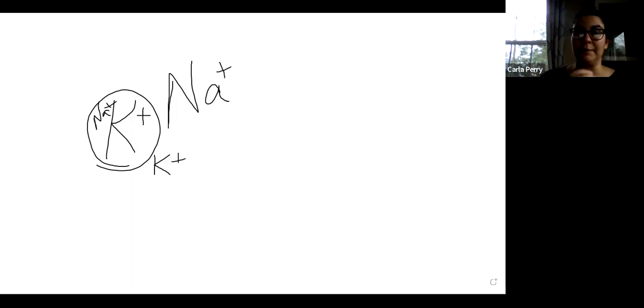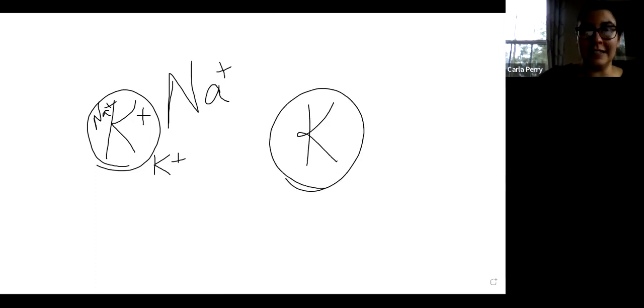Another thing we have to remember is the principle of diffusion. We said that diffusion is any substance that wants to go from an area of high concentration to an area of low concentration. So if I were only looking at the potassium ion, there's the distribution of potassium.